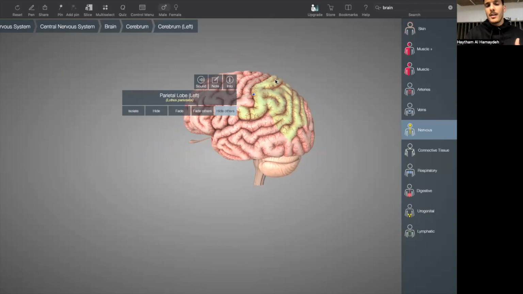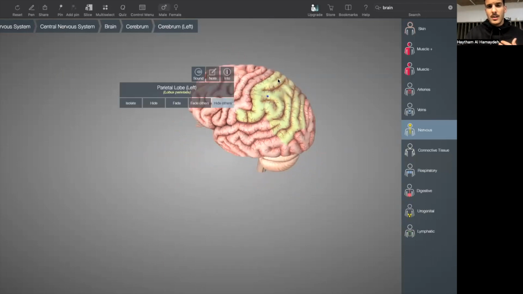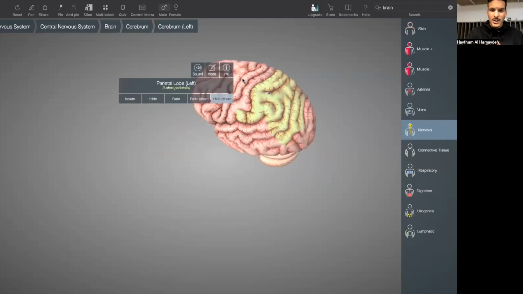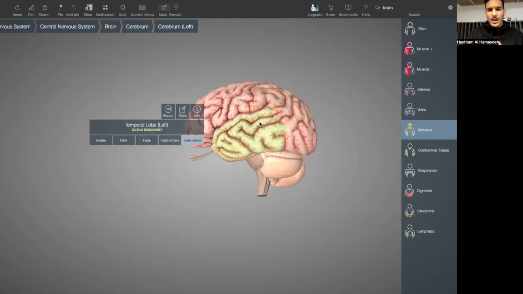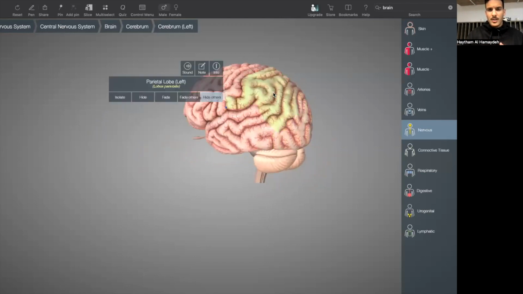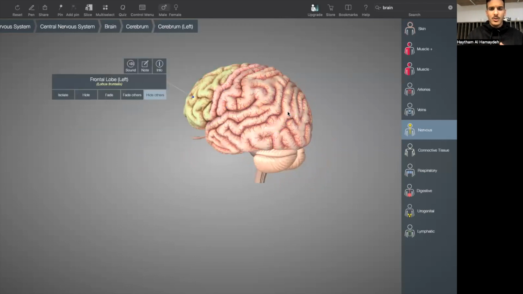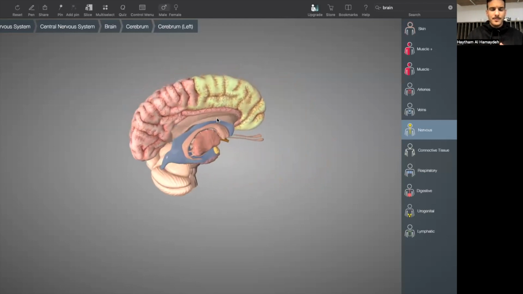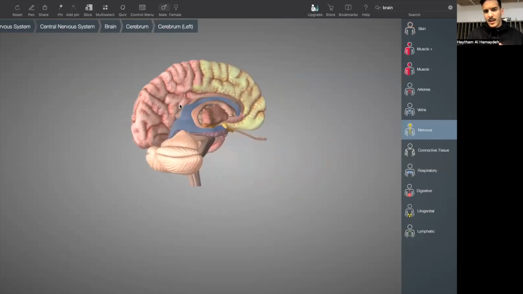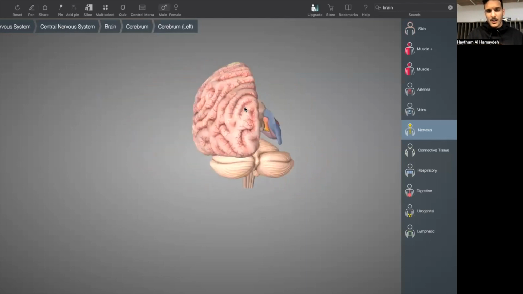So you have the postcentral gyrus or the precentral gyrus. A gyrus is basically a bump. Sulci are the lines that you see here, the separations. Okay, so let's just dive into the general things and I'll get to those. Frontal, parietal, and then you have temporal, and then you have occipital. Okay, so occipital, parietal, temporal, frontal, and then you have the insular in the middle. So we'll have to remove those structures and it'll be deeper. I'll show you guys later, okay?